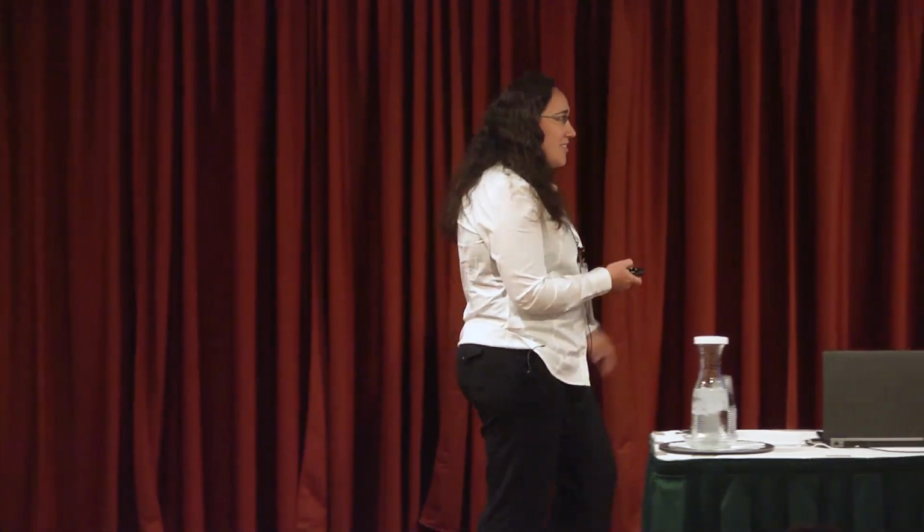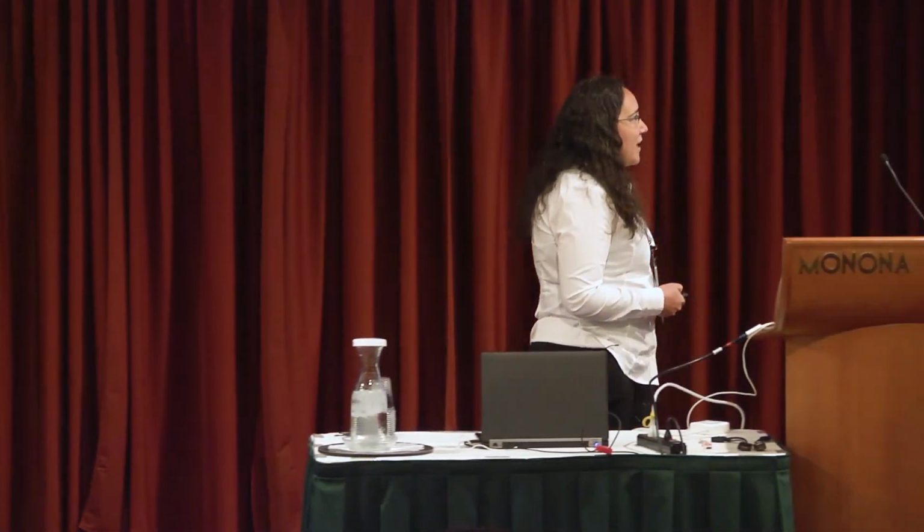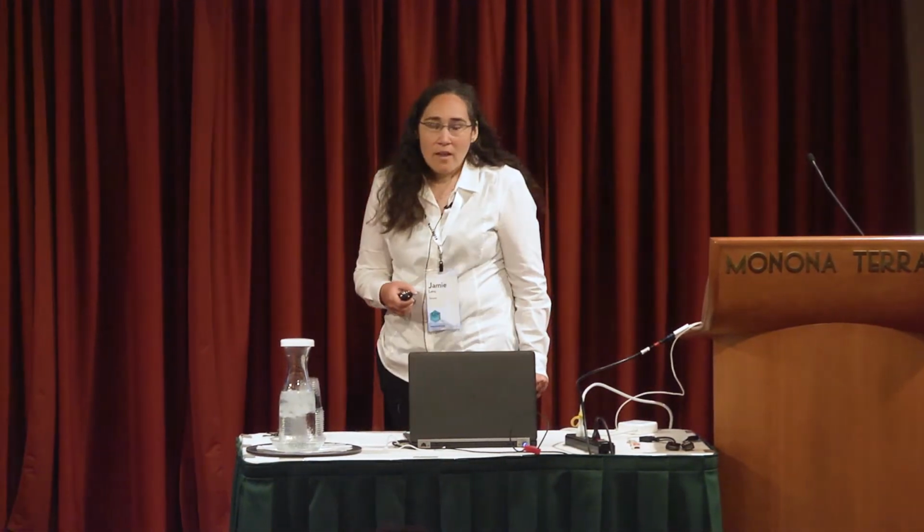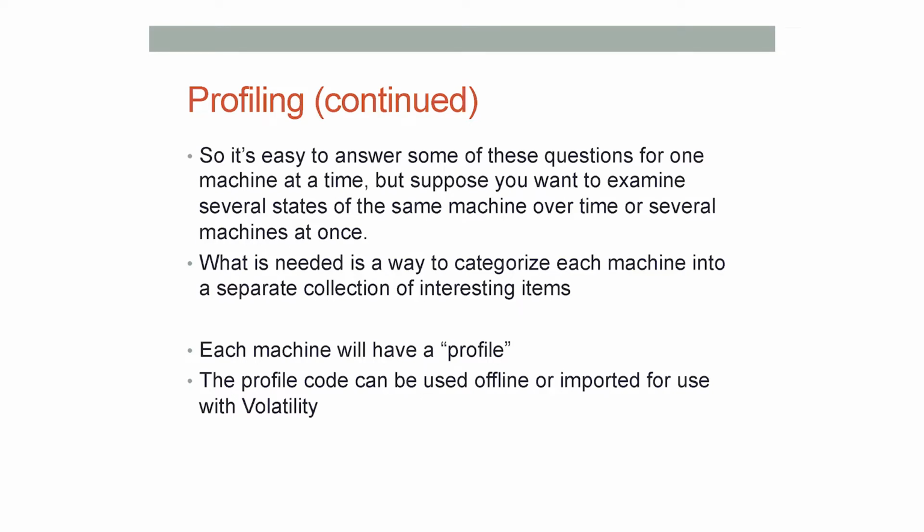So you can get all this crazy granularity once you have these packages for them. So it's easy to query the machine once you have some mechanism for it, and we're going to discuss the backbone of this profiling code.